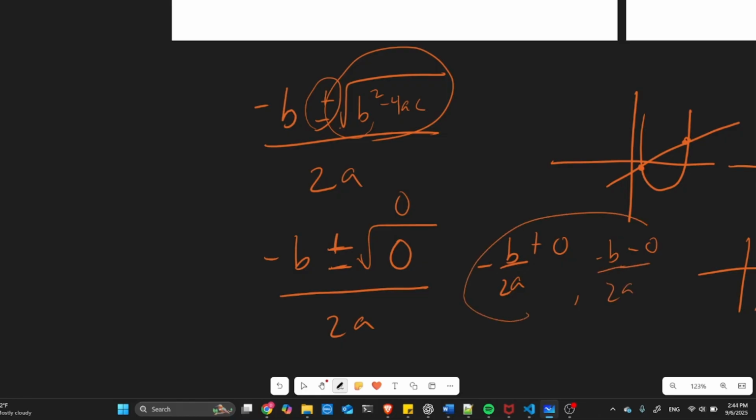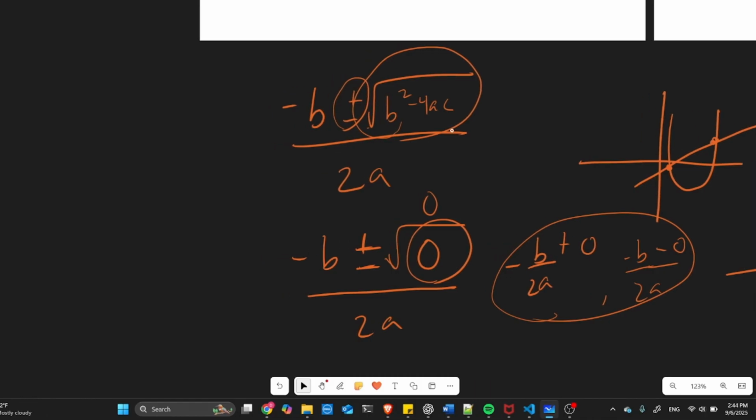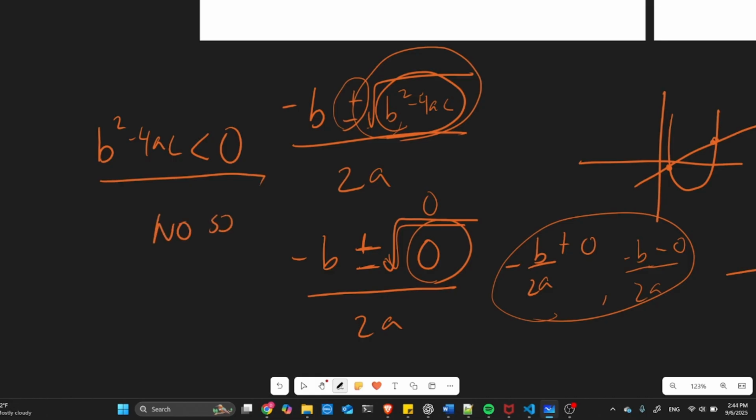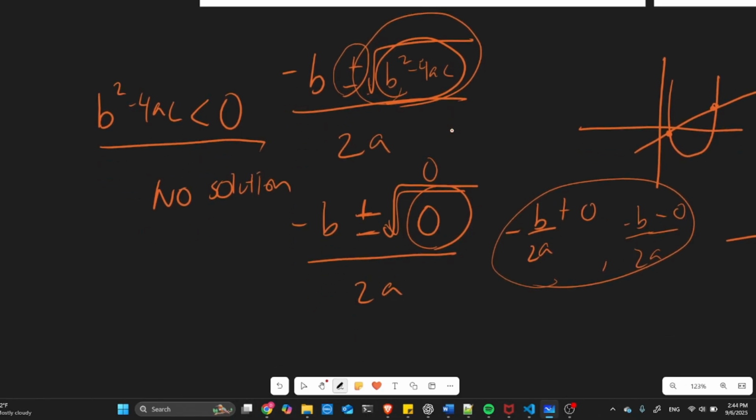So this is when there's one solution, if that thing is 0. Now, if b squared minus 4ac is less than 0, what do you think will happen? Well, there's a square root. You can't have a negative inside the square root. So this is when there's no solution, right? And then if it's a positive number, then it's a normal case when there's two solutions.